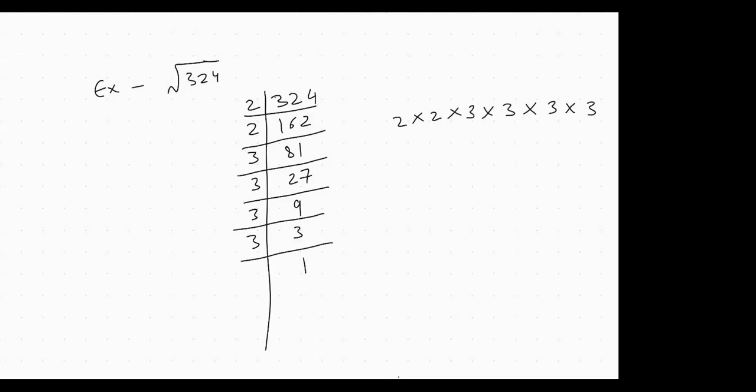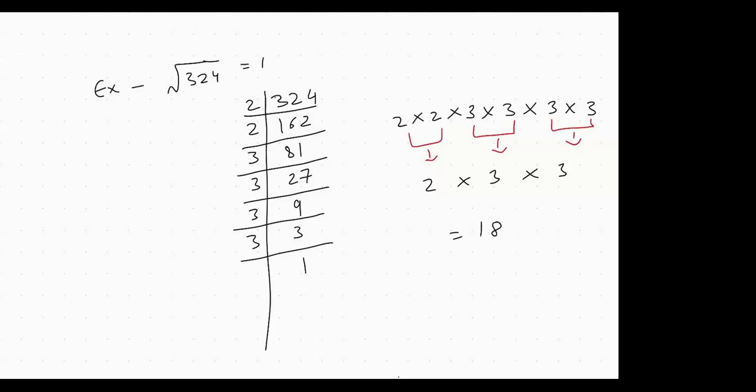That is 2 into 2, one pair, 3 into 3, one pair, 3 into 3, another pair. Take out one from each of them: 2 into 3 into 3. Multiply them. 3 twos are 6, and 6 threes are 18. So my answer is 18.